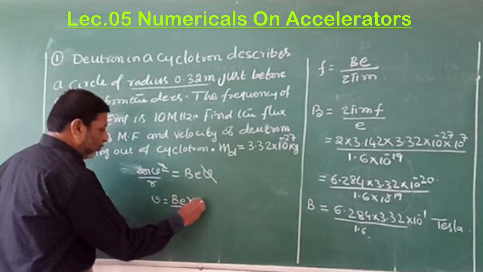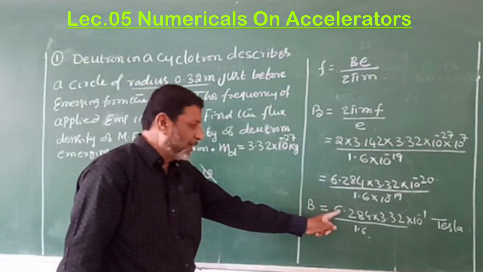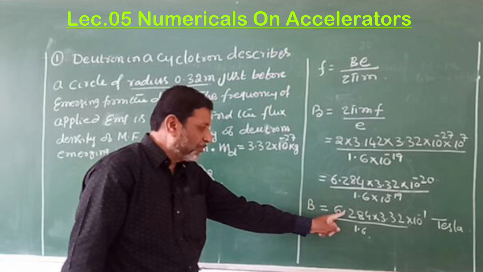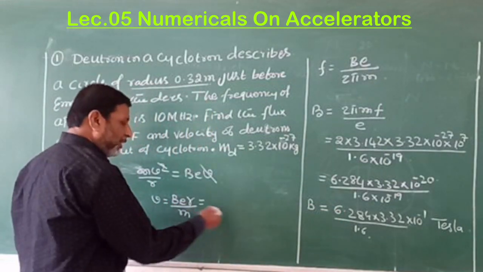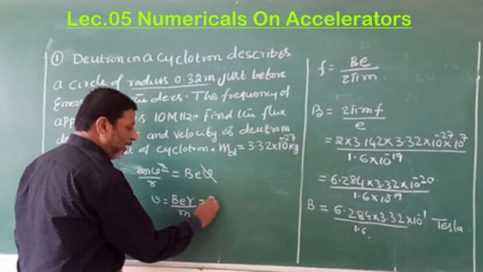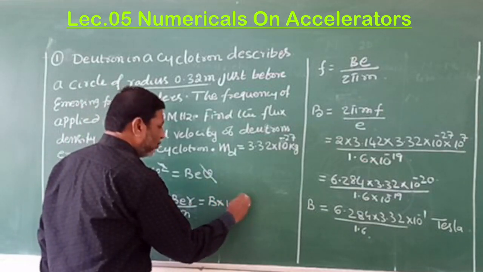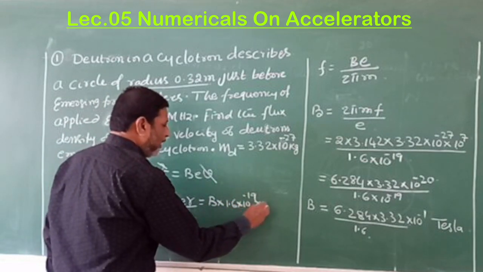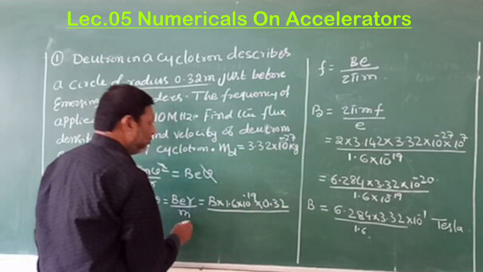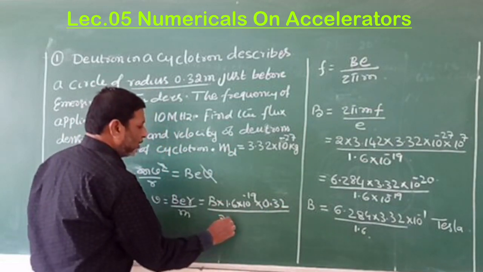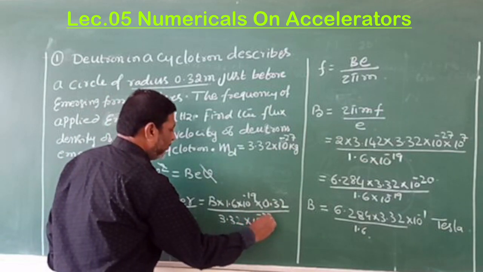Now, this is equal to, then already you have calculated the value of B here, then whatever value of B you get, you substitute here, and the charge is also given to you, isn't it? Or you should remember it, that is 1.6 into 10 raised to minus 19, and radius is given to you 0.32, divided by the mass of the deuteron, given as 3.32 into 10 raised to minus 27.